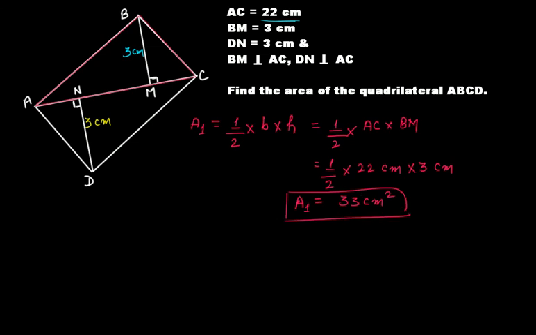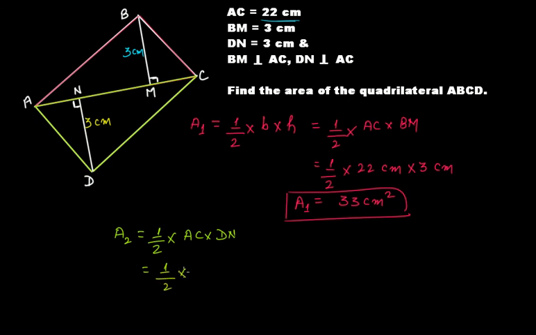Now let us quickly highlight the second triangle, that's this one. So triangle A2 is half times, what's the base? AC. What's the height? That is this perpendicular on the base, that is DN.